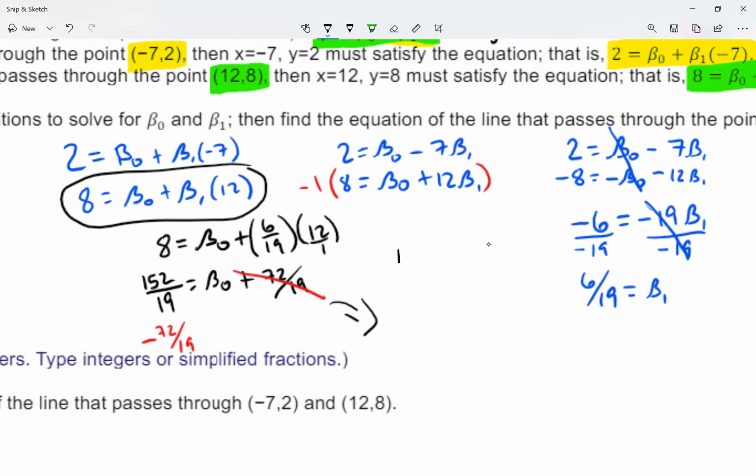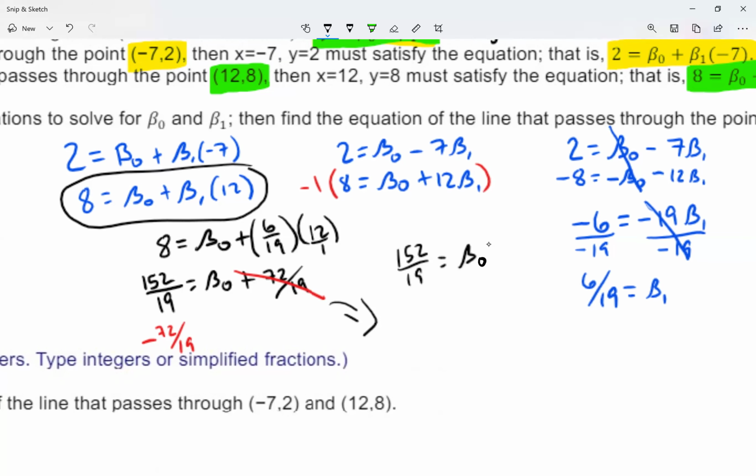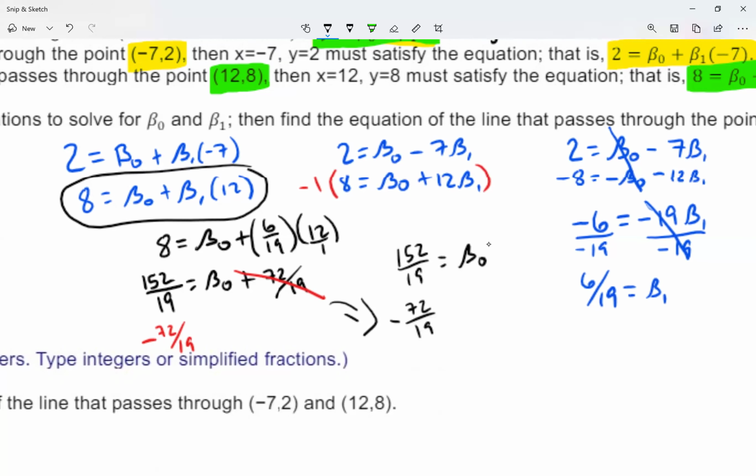I have 152 over 19 is equal to beta 0, but here I have minus 72 over 19 as well. Okay, so common again. So looking at this fraction, I have a 19 at the bottom, right? I want common denominators. What's 152 minus 72? 80.